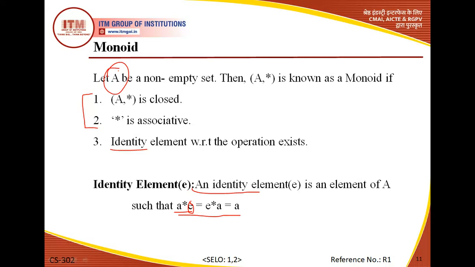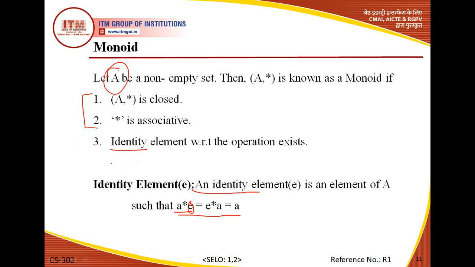Zero would be the identity for addition, and one would be the identity for multiplication. For all the other binary operations also, there are different identities, but we would talk about those later on.